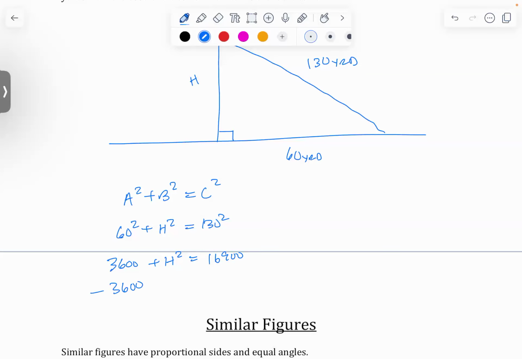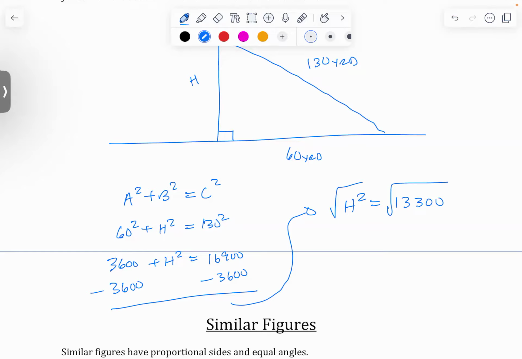Subtract 3,600 from both sides. And then square root. The biggest part is just remember to take the square root. I see people forget that quite often.